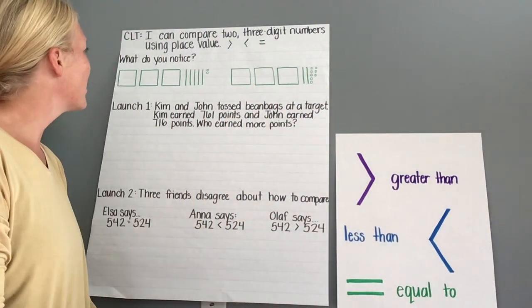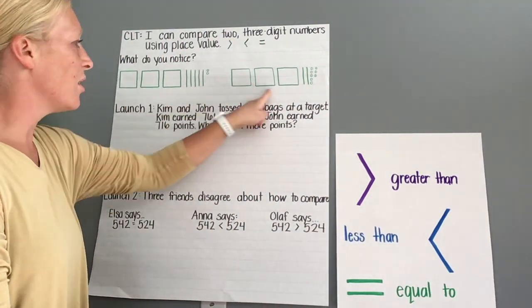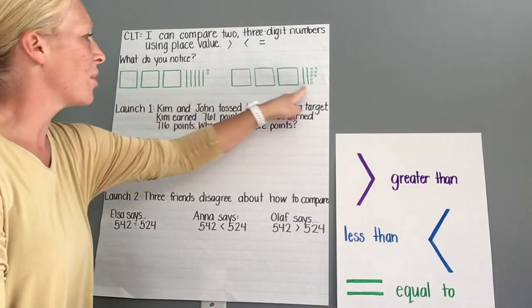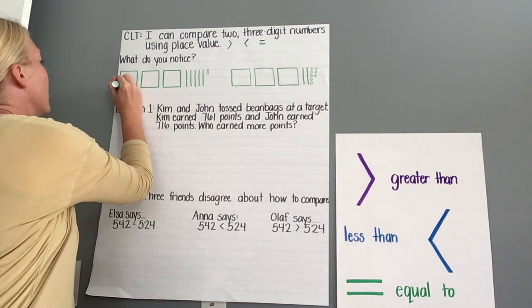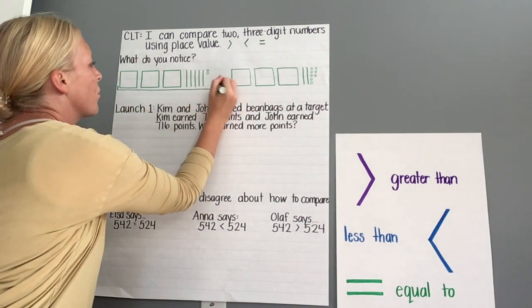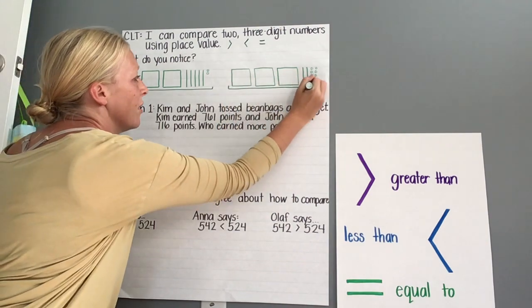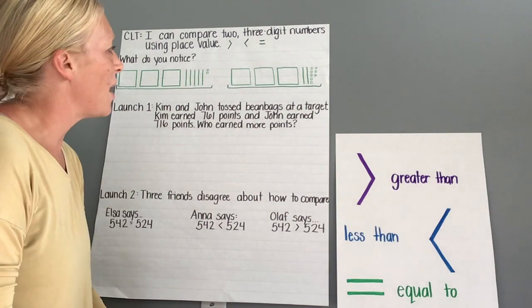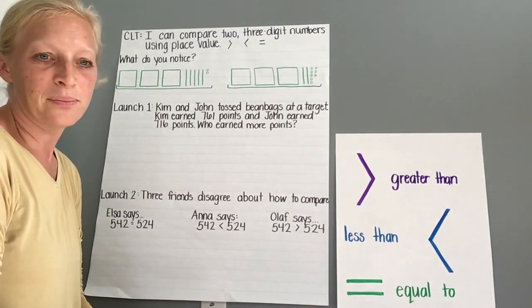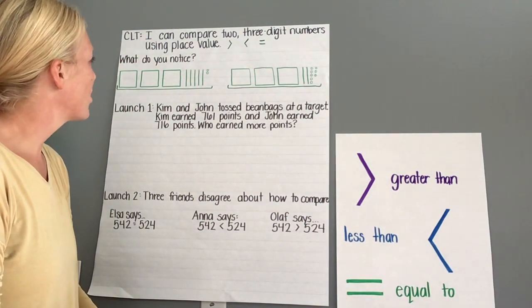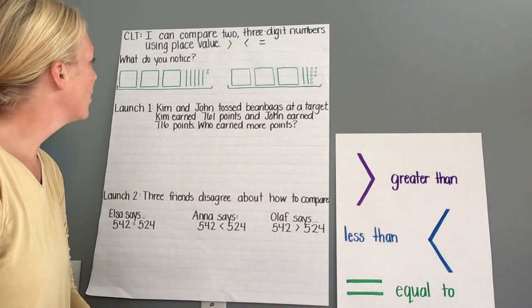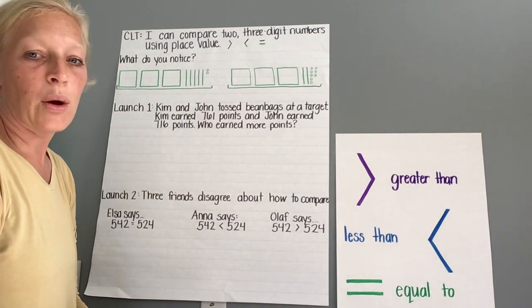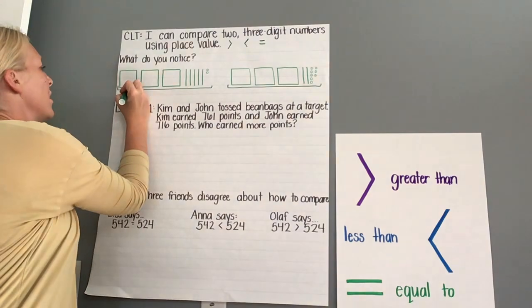All right. I want you to first take a look at these numbers. Here's a number, and here's a number written in green. What do you notice about these 2 numbers? Oh, look at all those thumbs in front of their tummies. They both have 300s.